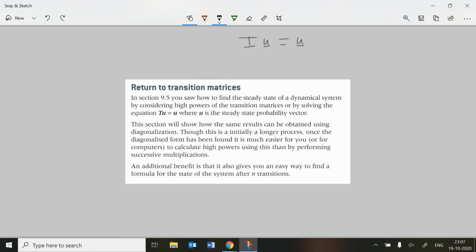But if you had an initial state vector, let's for example call it u0, and we apply T to that n times over, and if n is large, then this will tend towards u, the steady state vector, as n tends to infinity. So now we actually have the possibility to work out T to the power of n, and we can tend this to infinity by considering our diagonalization. Okay, so let's look at the investigation.